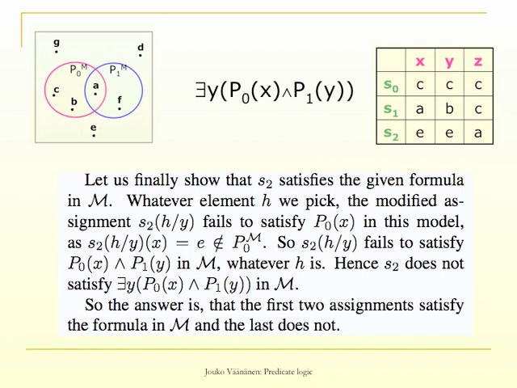Hence, S2 does not satisfy there exists y, left parenthesis P0x and P1y, right parenthesis, in M. So the answer is the first two assignments satisfy the formula in M, and the last one does not.